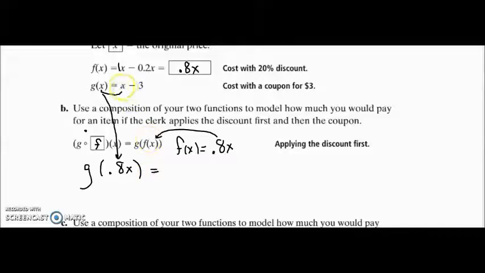So this becomes, oh, there's an x right here, so instead I'm going to substitute 0.8x, and then minus 3. So all I did was replace every x here with this f of x. So that's what it looks like if we composite g composited with f.